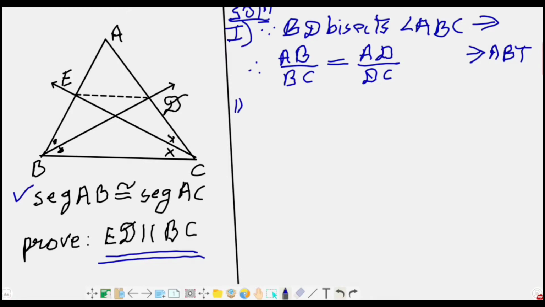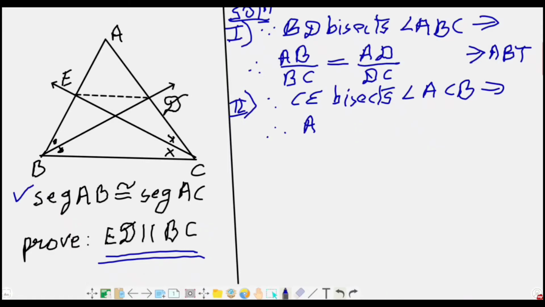In the same way, you can apply on the other side. Since CE bisects angle ACB, this is given. So your remaining two sides are AC and BC. And this angle bisector CE divides the opposite side AB into two parts.